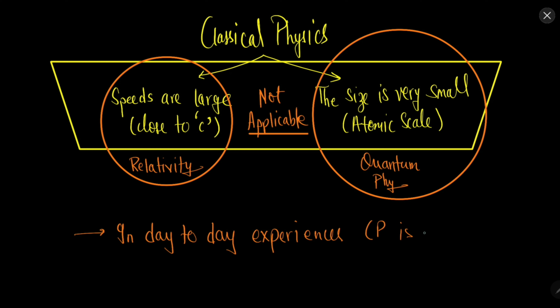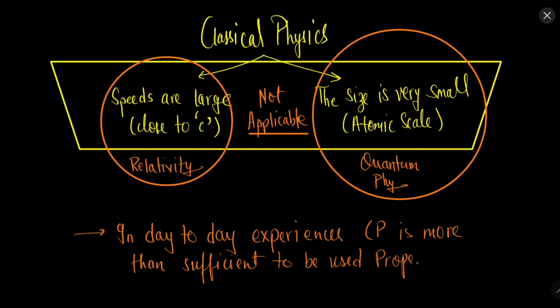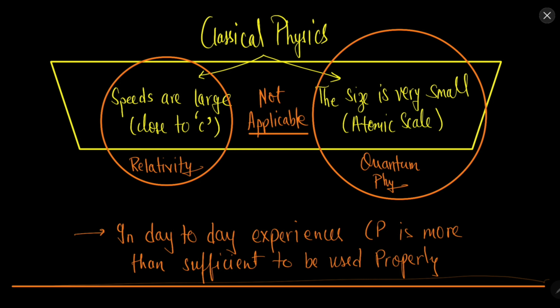Because of that, we are studying classical physics. Even if you want to launch a rocket, you will launch it using classical physics, because the speeds are not that high and the object is also quite big. So from the next lecture, we'll start Newton's laws of motion.